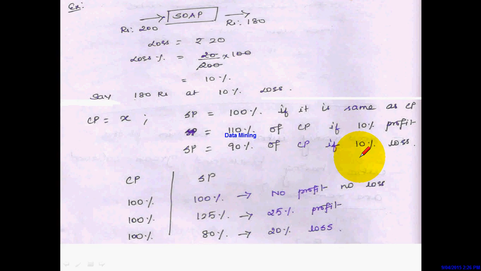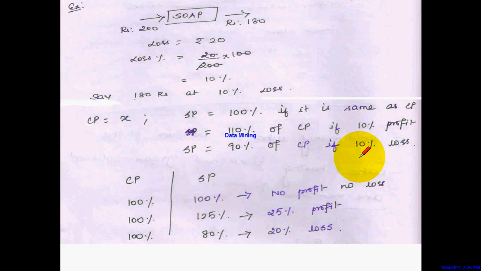How much percent is the loss? 10%. So I have to subtract 10 from 100. So 100 minus 10, which is 90. So here my selling price is equal to 90% of cost price. This is the basic assumption we have to keep in our mind while doing such problems.